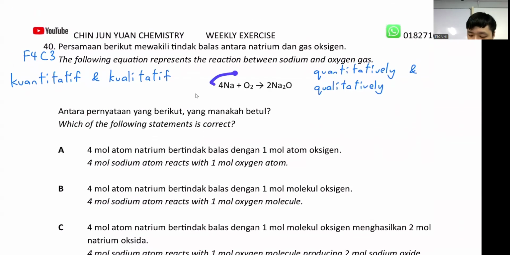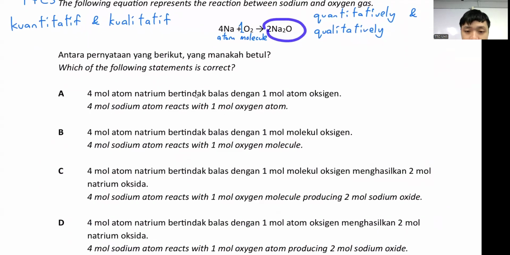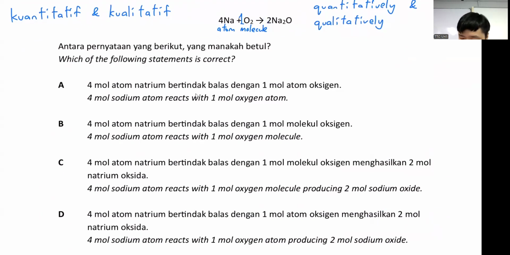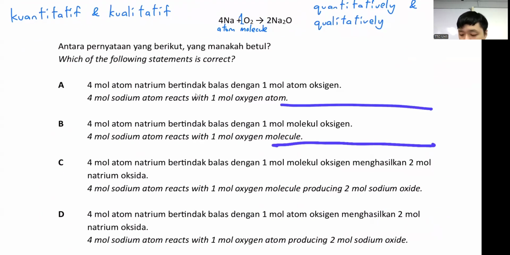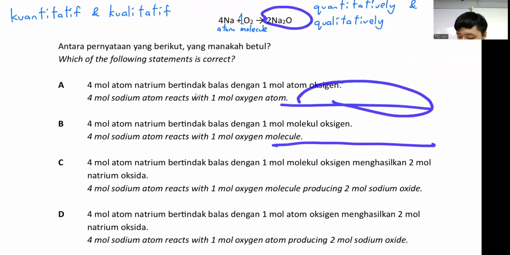So based on this, 4 mole of sodium atom react with 1 mole of oxygen molecule, to produce 2 mole of sodium oxide. So you see A and B, if they didn't talk about the Na2O, wrong already.